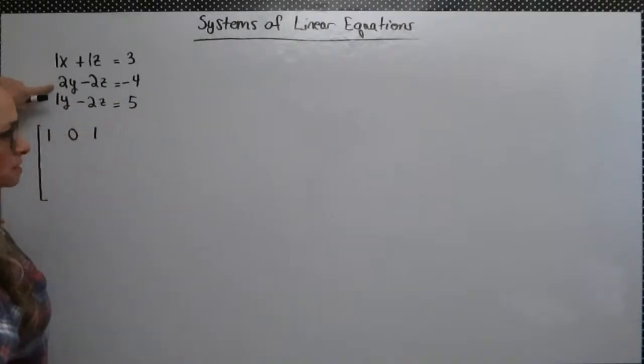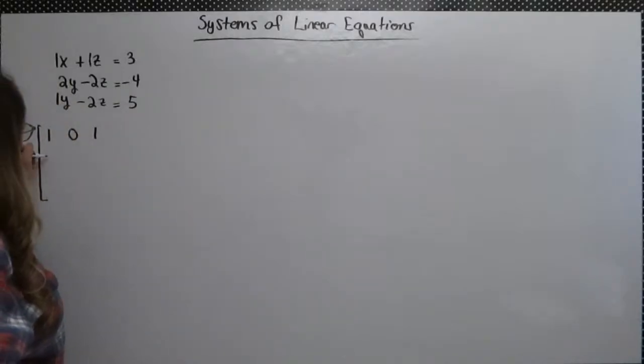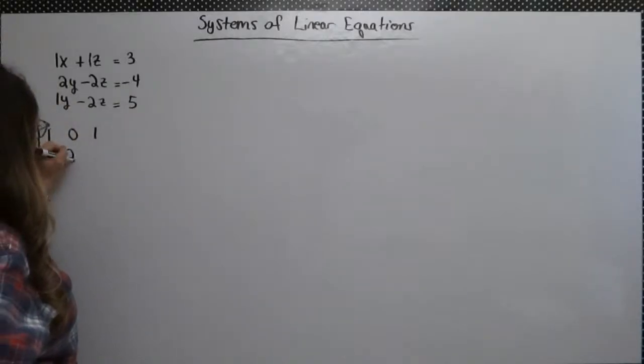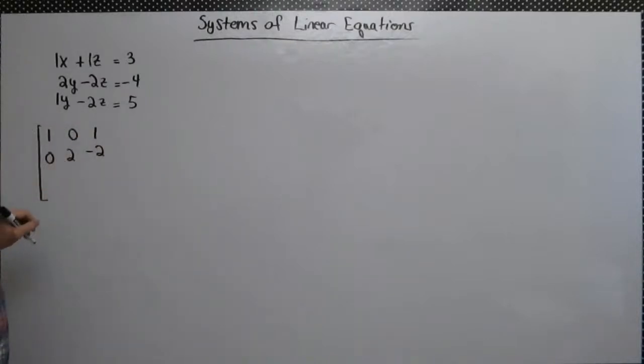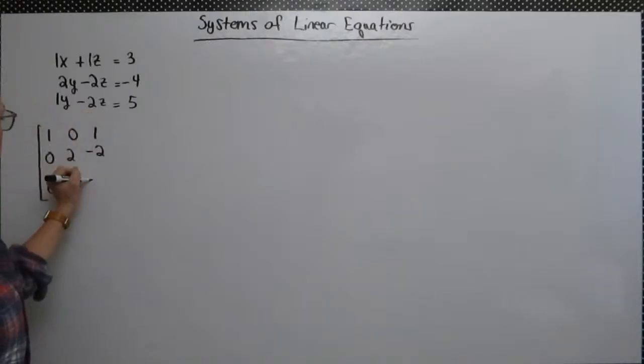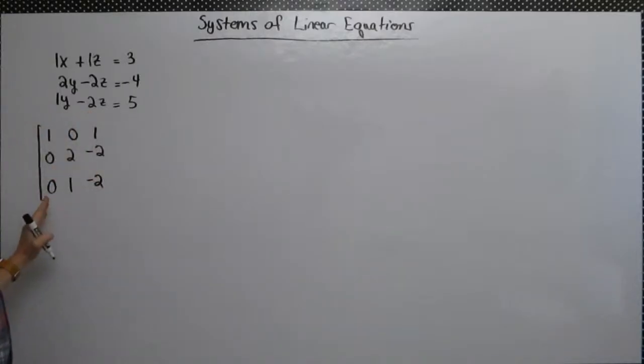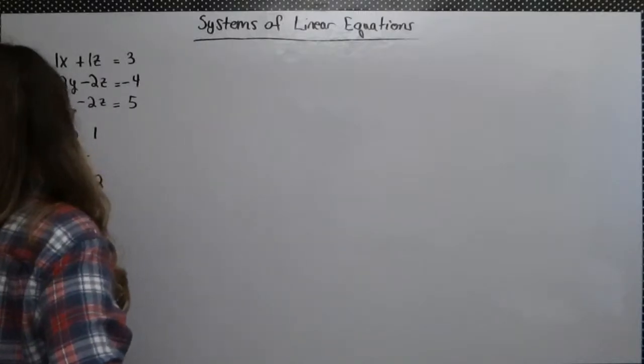And we don't have an x here, so we have to go ahead and have a placeholder. So we're going to say 0, 2, -2. And then here we don't have an x, so we're going to have another 0. We have a y, which is 1. And we have a -2 for z. So that I have all of the x values, all the y values, and all the z values lined up here. Let's see if we can get that a little bit neater.